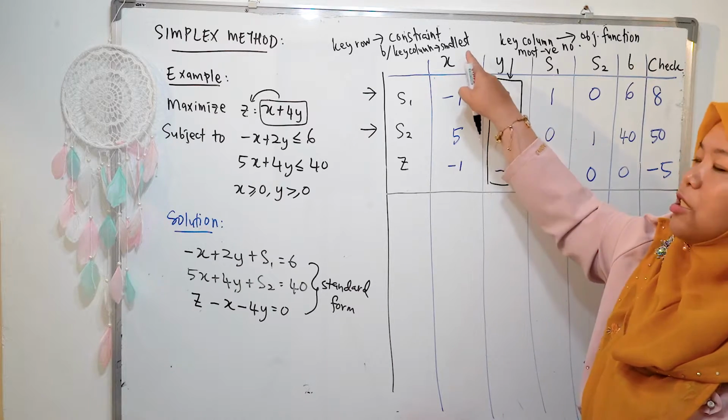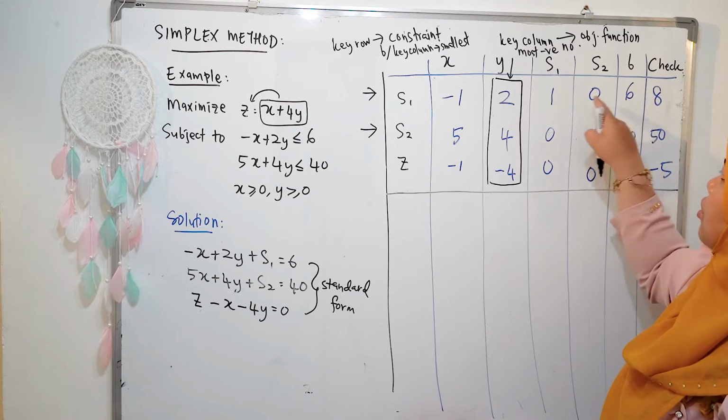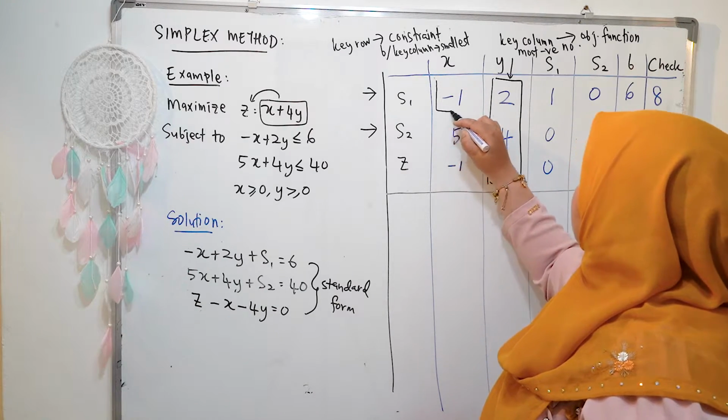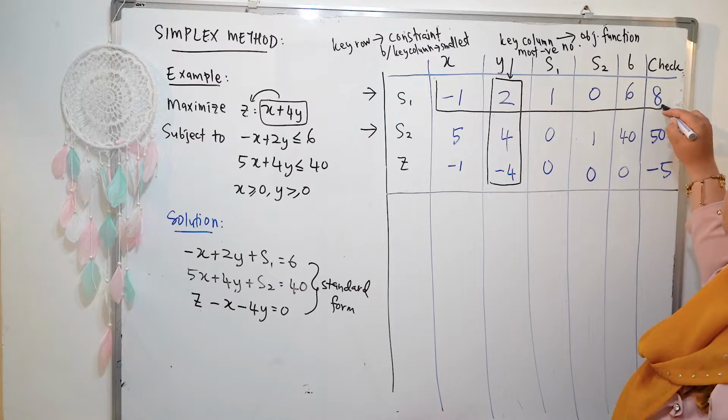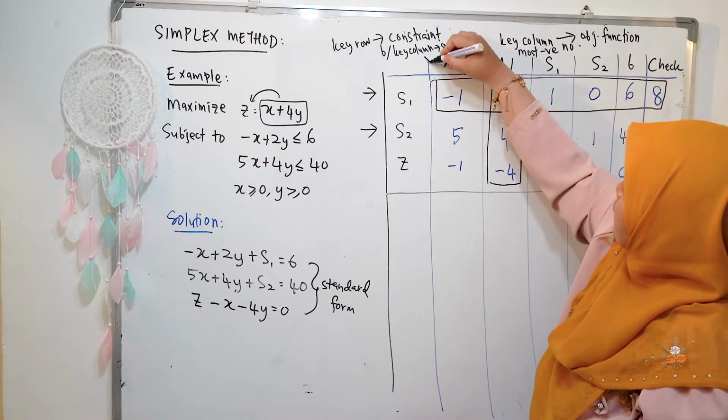Which one is the smallest? This one, because 6 over 2 is 3. So this is the key row.